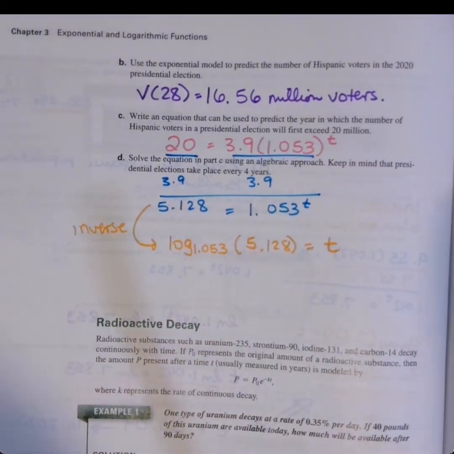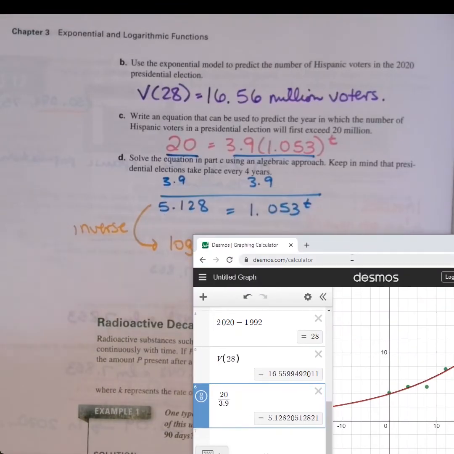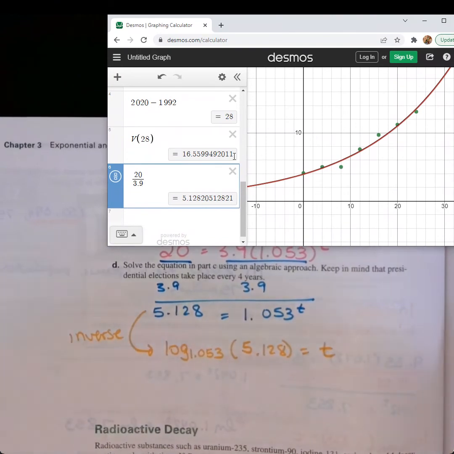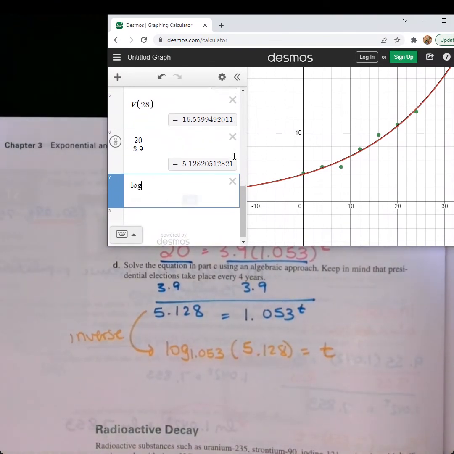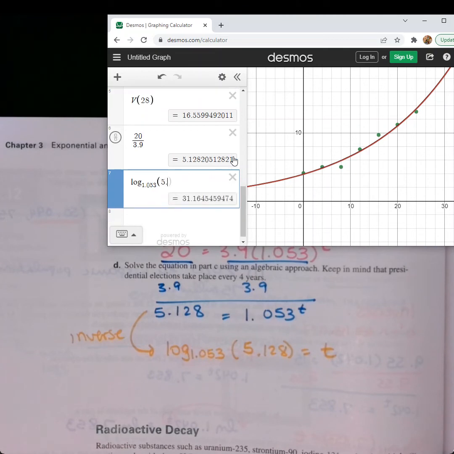So now I can enter this into Desmos. Pull my book down a little bit so I can see both of those. A logarithm with the base 1.053 of 5.128 gives us 31.65.